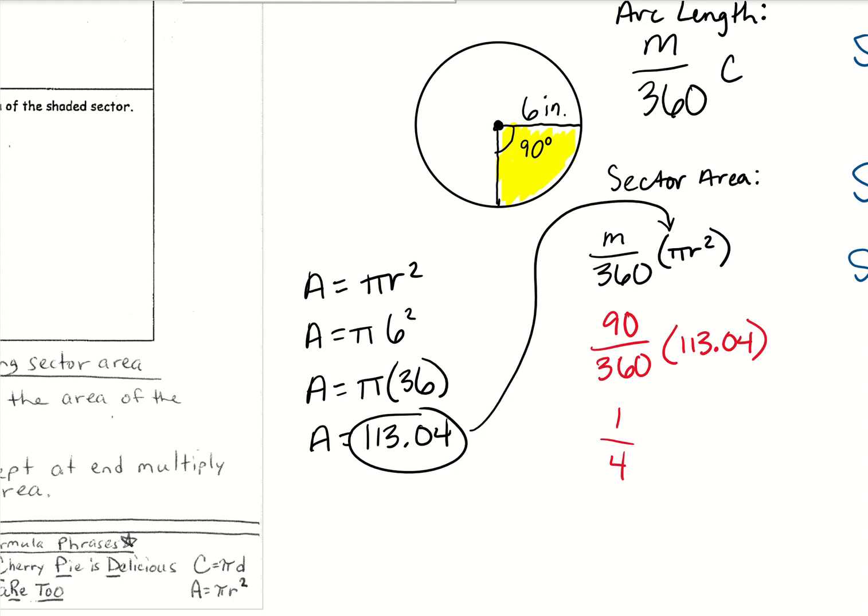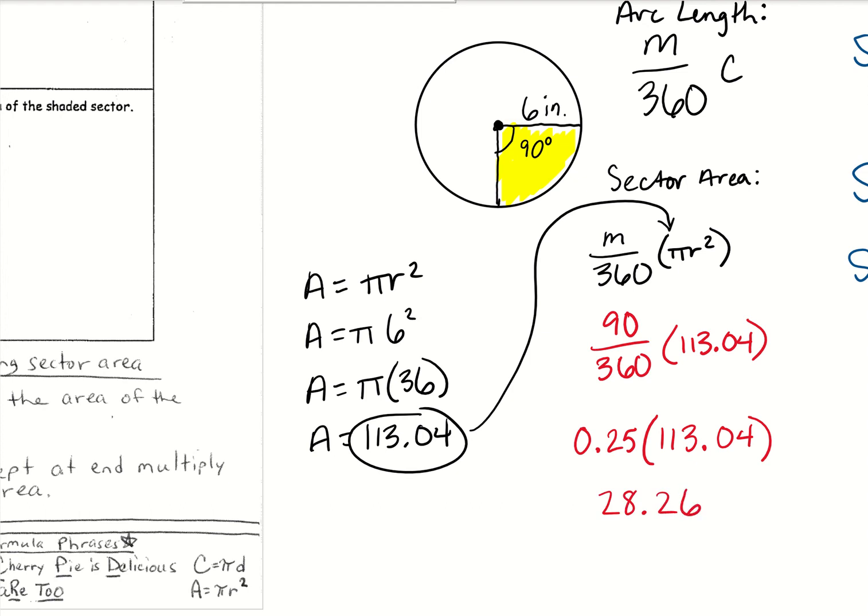I'm going to leave it as 0.25 because that's going to be easier for you guys to work with in your calculator. So you can just type in 0.25 times 113.04, and that gives us 28.26.